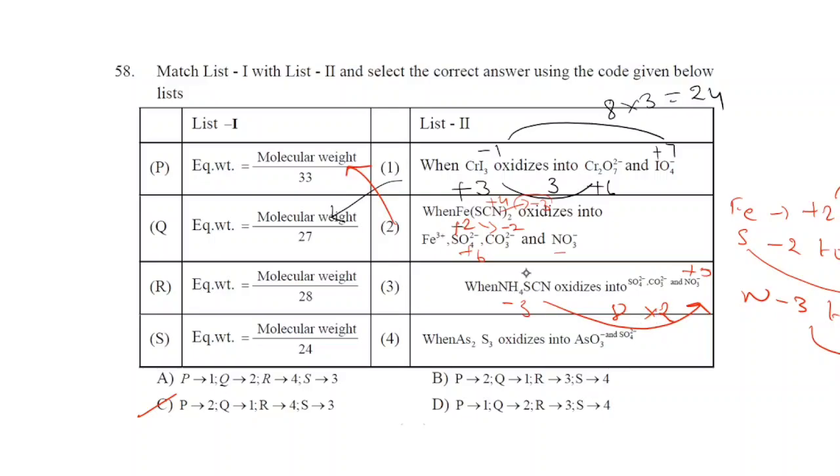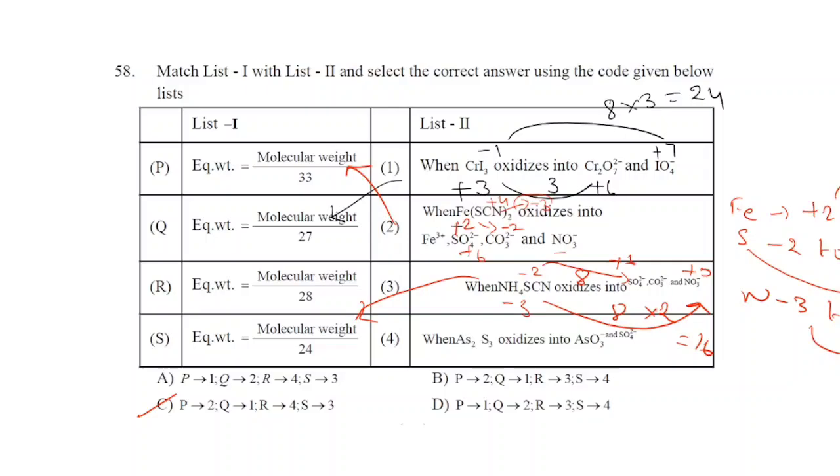And if we consider the sulfur, the sulfur oxidation state changes from -2 to +6, so again the change is 8, and carbon no change. And if we consider here 2 8s are 16, 16 plus 8 again 24, so the 3 is matched with the yes.